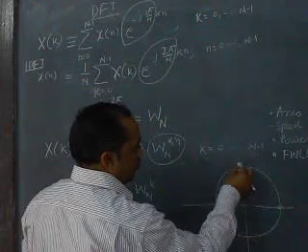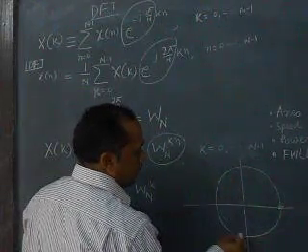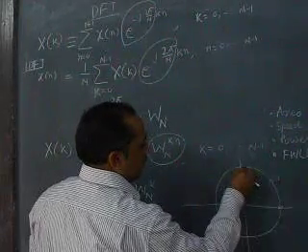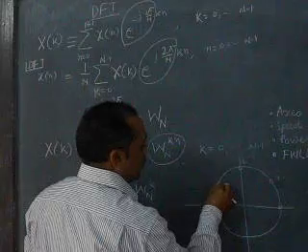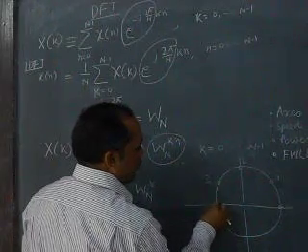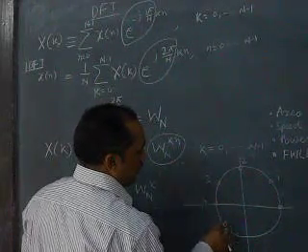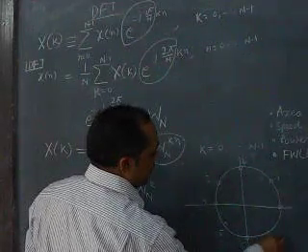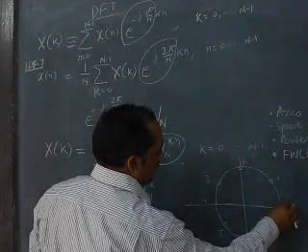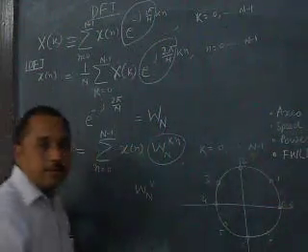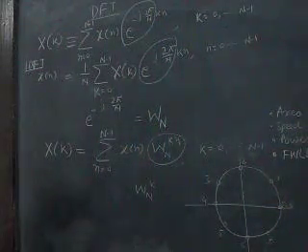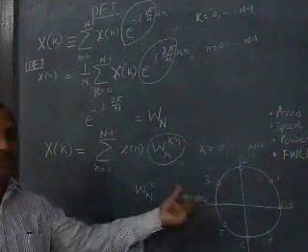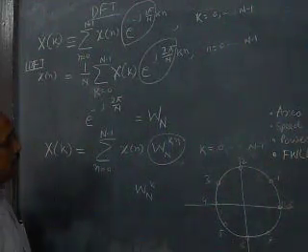Then this will be 1, 2, 3, 4, 5, 6, 7 and 8. So 0, 1, 2, 3, 4, 5, 6, 7, and this is 0 or 8. Now, what are the properties associated with this function?